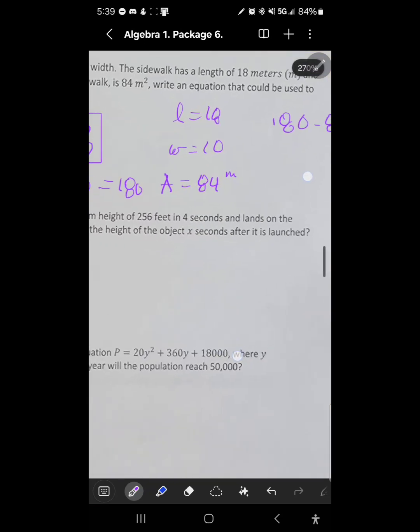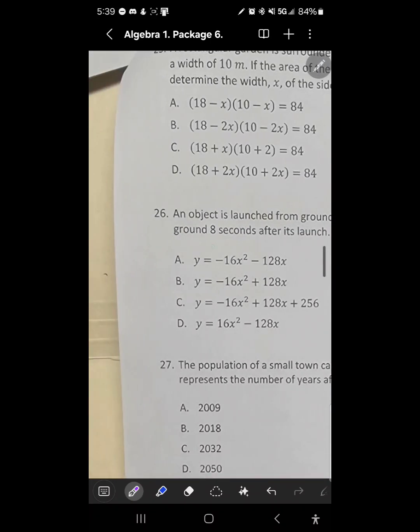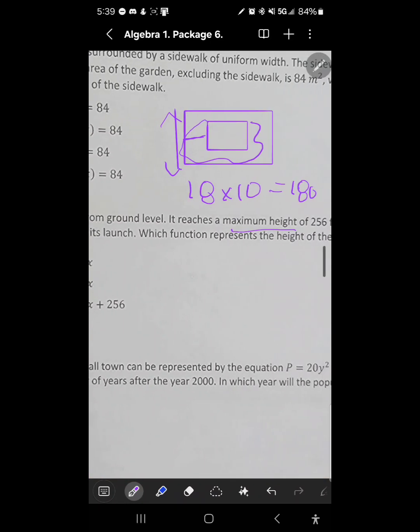So basically, what I'm seeing is that the maximum height, the top, is at 4 seconds, and it is at the bottom at 8 seconds. And you realize 4 is half of 8, or you can say that 8 is twice 4. So the graph, this is time and this is position.